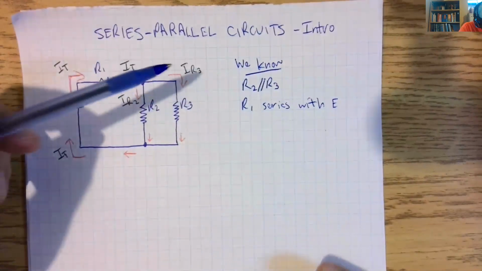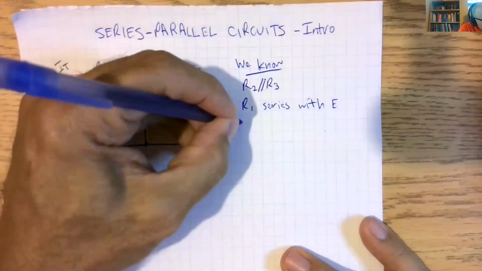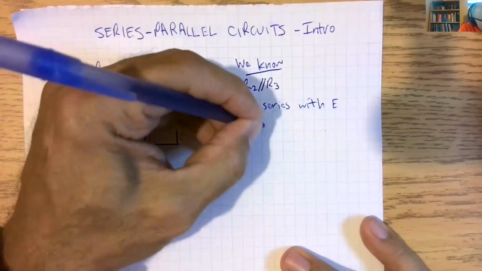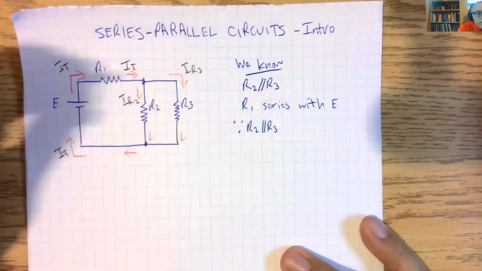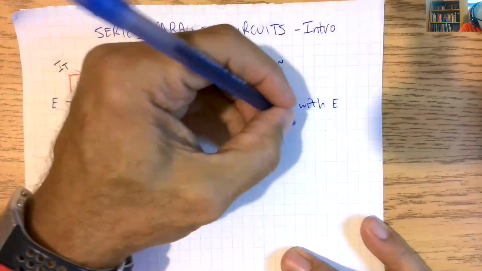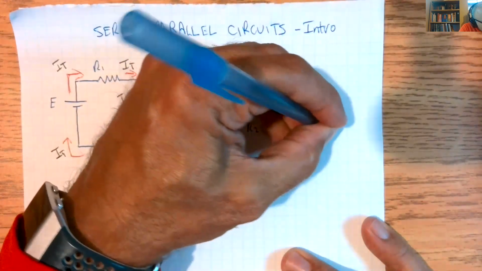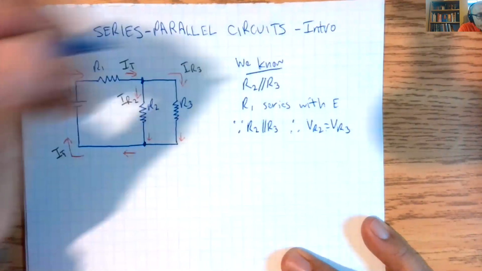Now, since R2 is in parallel with R3, and we know that parallel voltages are the same, therefore VR2 is equal to VR3.